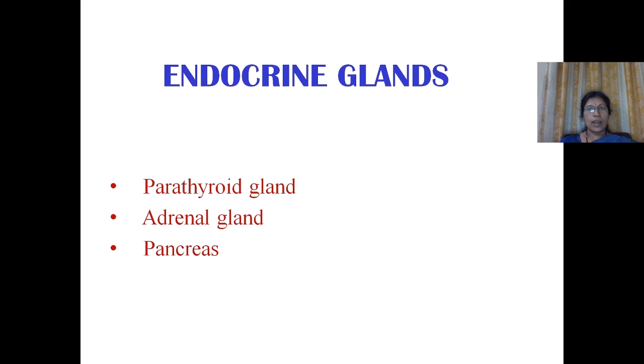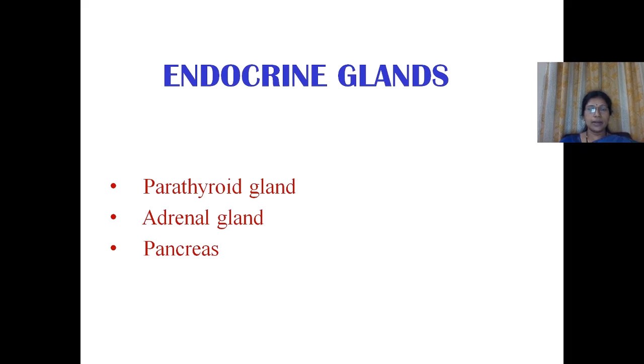And now, let us learn about the parathyroid gland, its structure and function, and the disorders related to its over-secretion and under-secretion. Then the adrenal gland, its structure and function, and its disorders due to over-secretion and under-secretion.